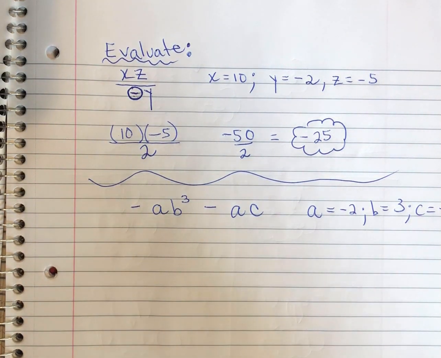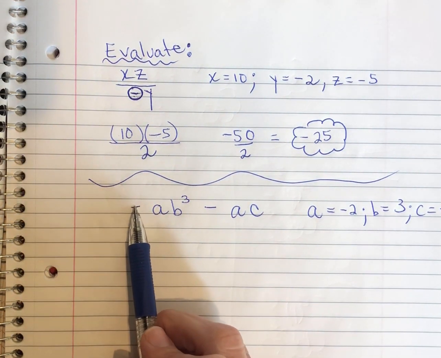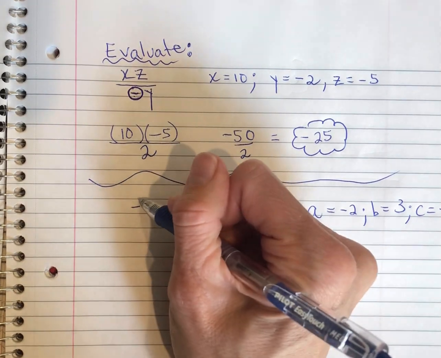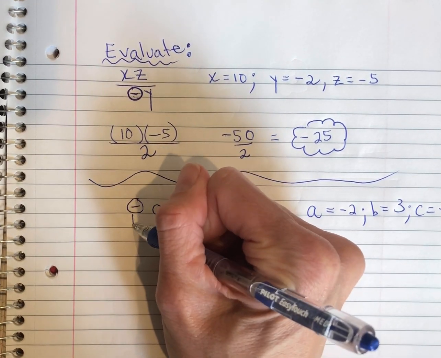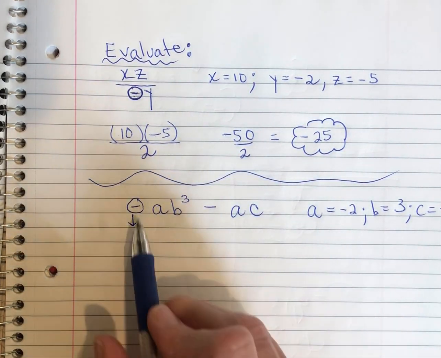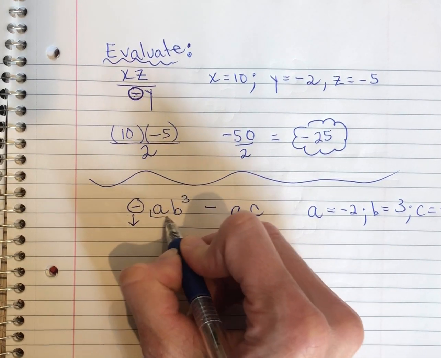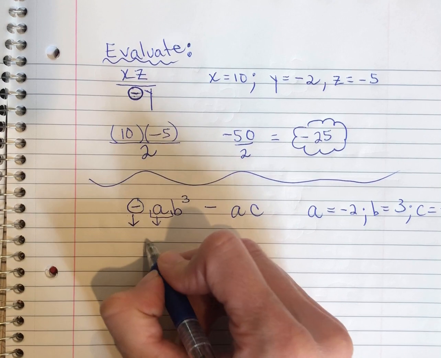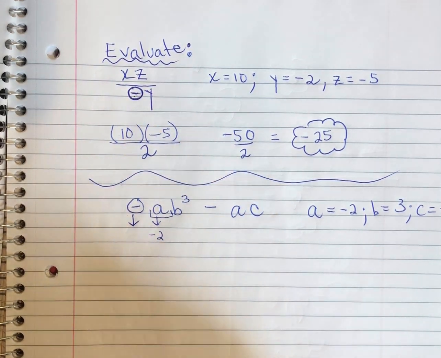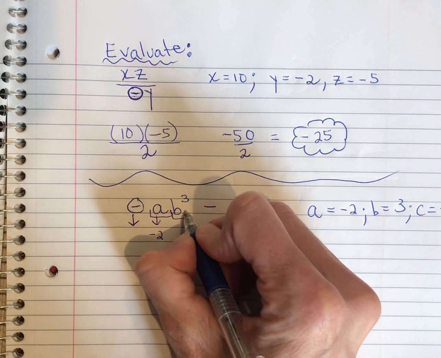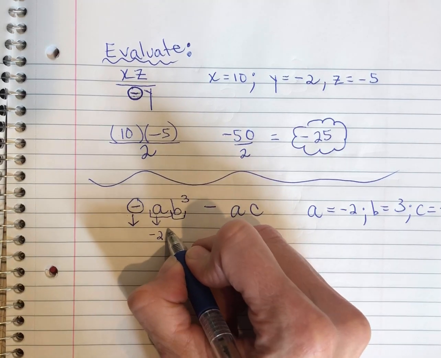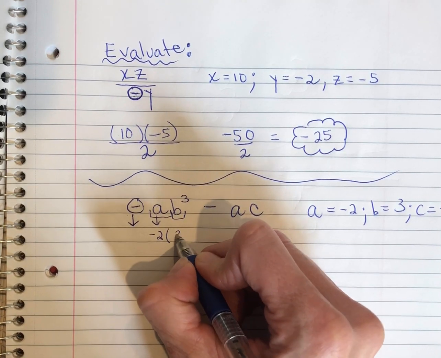Here we go. Okay, so remember, this is tricky. I would circle this, drop it down. That has nothing to do yet with what the value of A is. A is a negative 2. B, let's put it in parentheses, is 3.